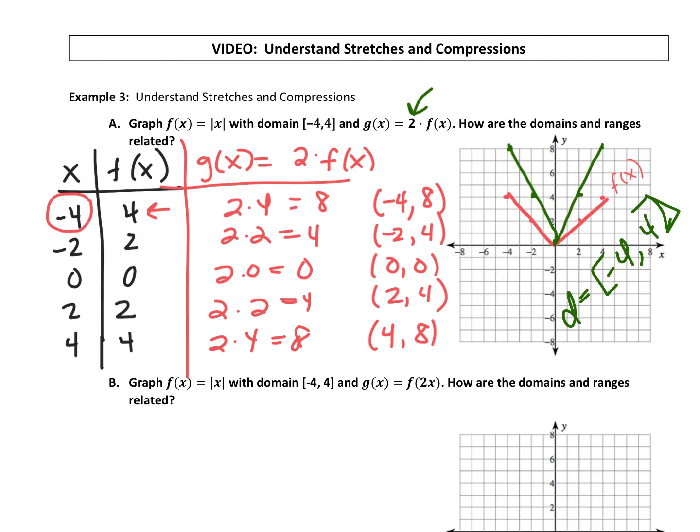The range did change. The range of our original function went from 0 to 4, and the range of our new function went from 0 to 8. So you can see that our range increased by a factor of 2 as well. It went from a 4 multiplied by 2 to get an 8.